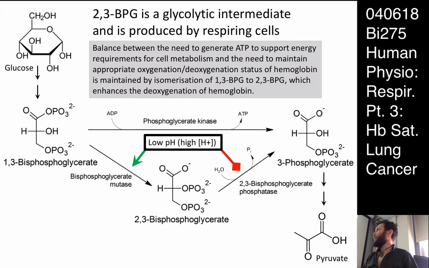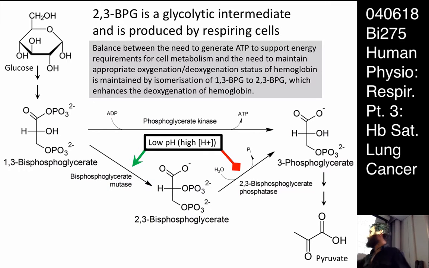And so what happens here is we start shunting 1,3-BPG instead of directly to 3-phosphoglycerate. We start shunting it over here to 2,3-bisphosphoglycerate because of the mutase group.